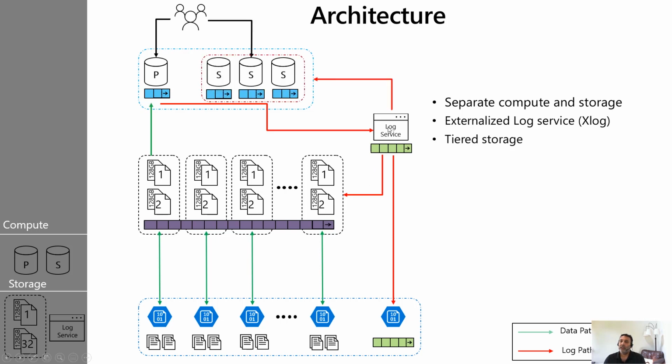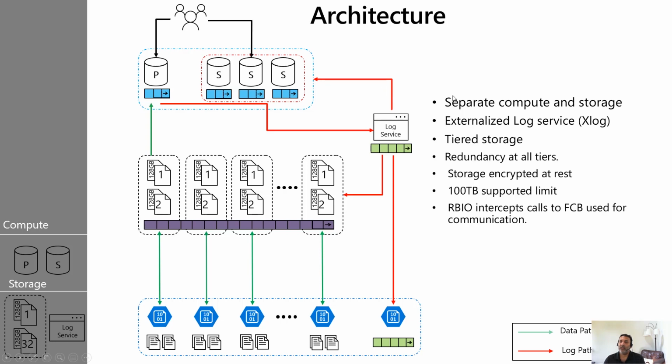The log service's responsibility also is to ship log to the replicas. The primary in this case does not talk to any of the secondary log replicas. The primary only talks to the log service. The log service ships this log to the log replicas.